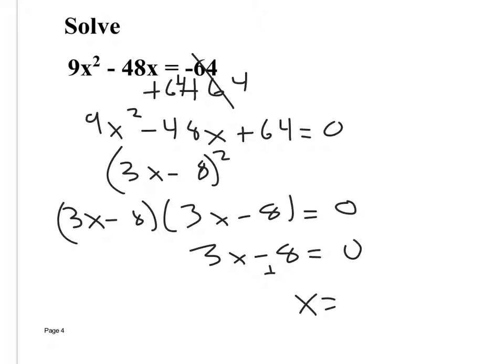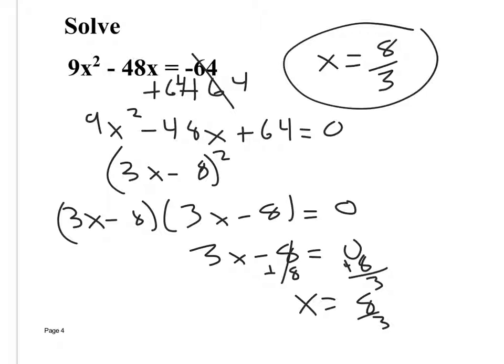Well, I'd add 8, right? And then I would divide that by 3, so 8/3, which the book just leaves it as that, so x equals 8/3. So that's what would make this a true statement.